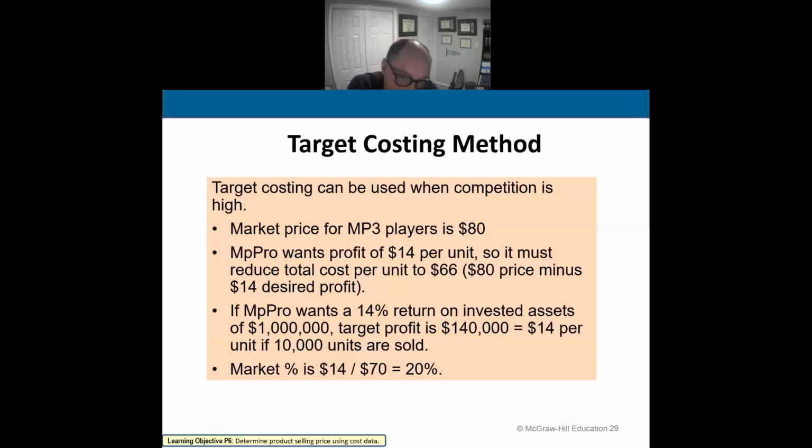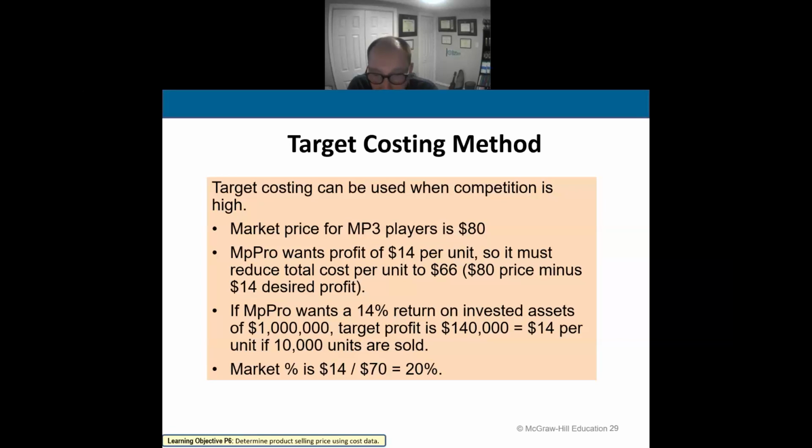So the market says $80 per unit. Our company wants a profit of $14 per unit. So that means we need to reduce our total cost per unit to $66. 80 minus this desired profit of 14 gets us $66.